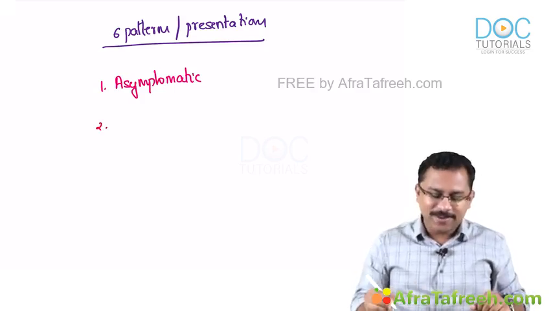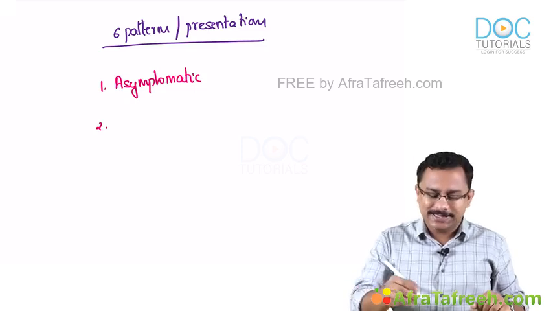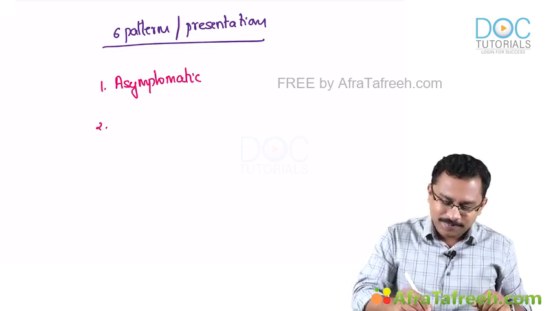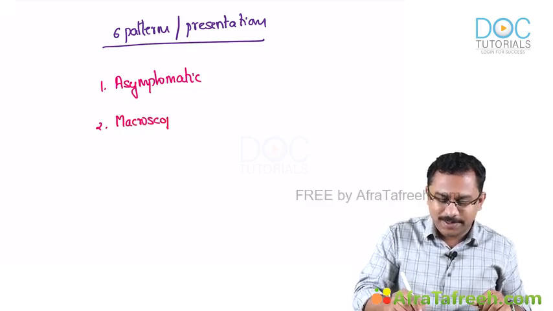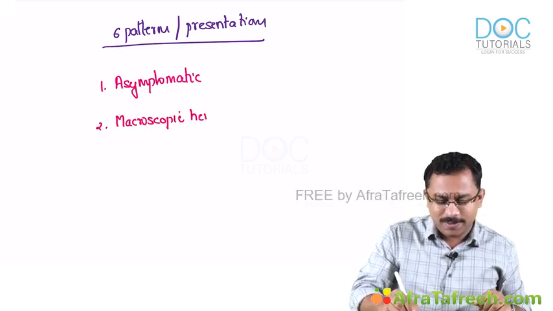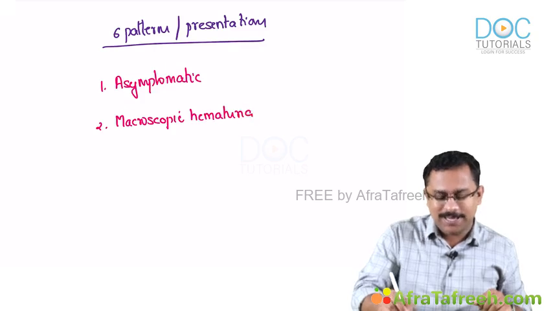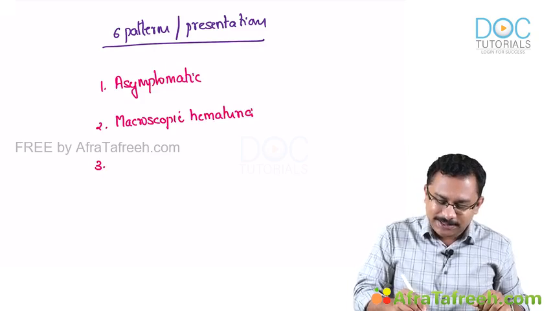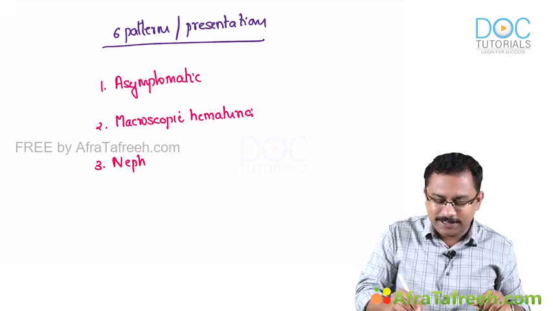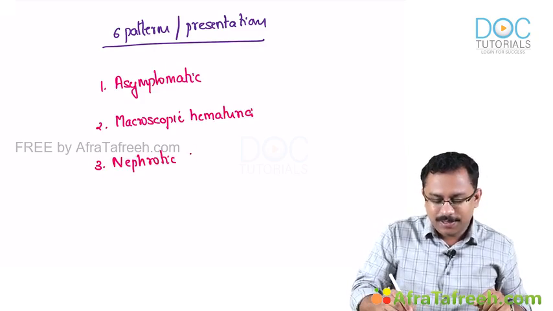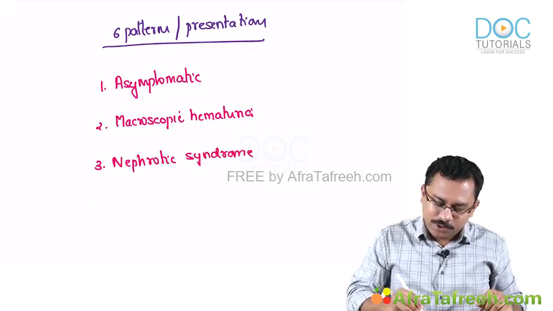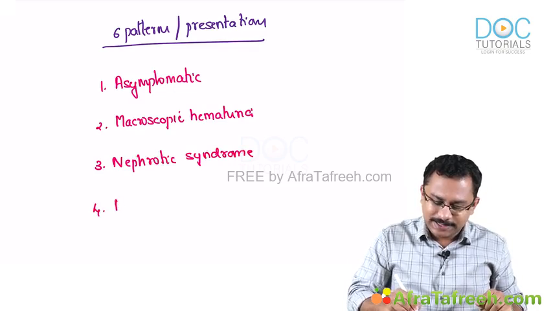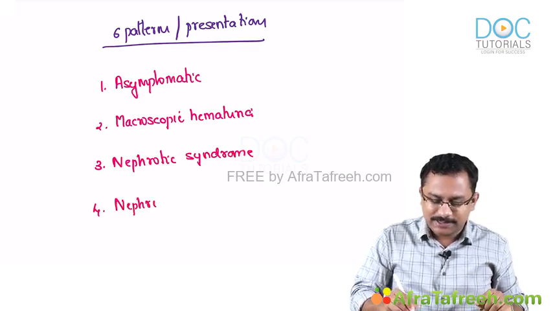So after asymptomatic, the next presentation is that of a macroscopic hematuria. It is the second presentation. The third clinical presentation is nephrotic syndrome. The fourth one is nephritic syndrome.